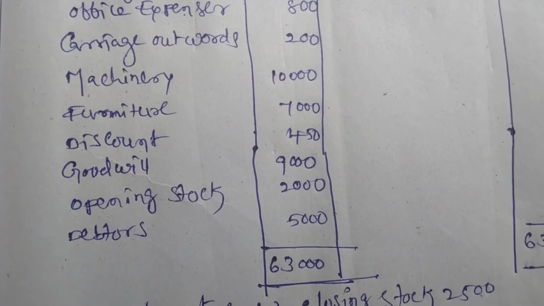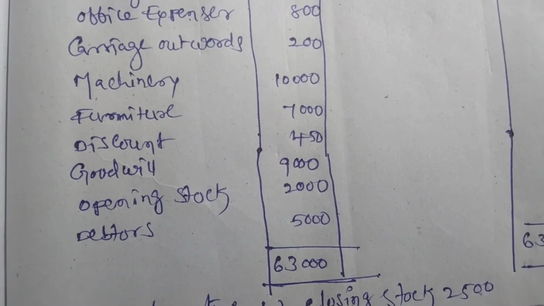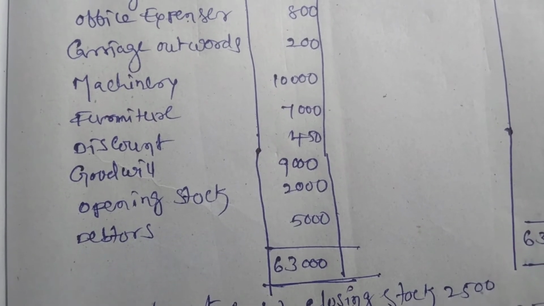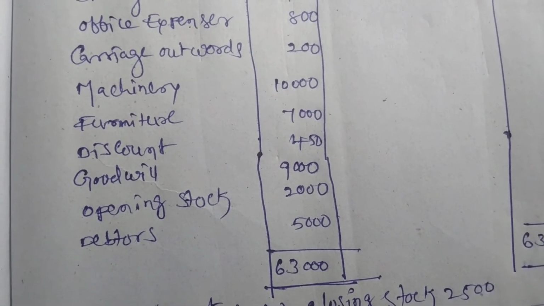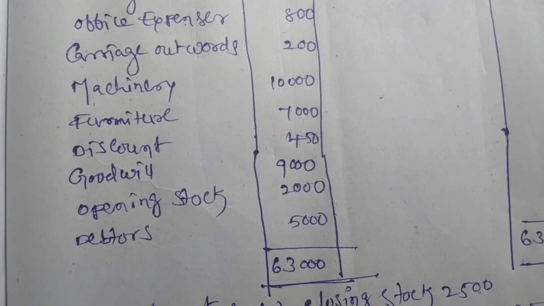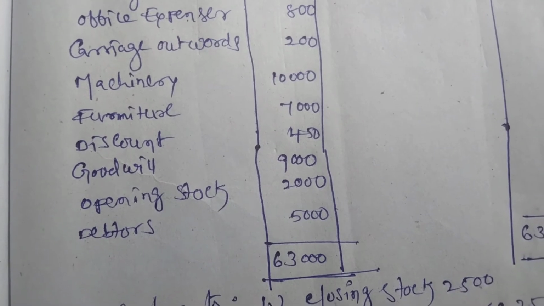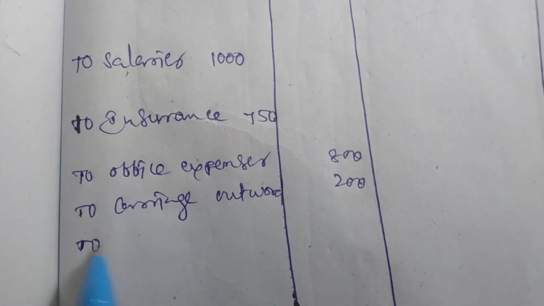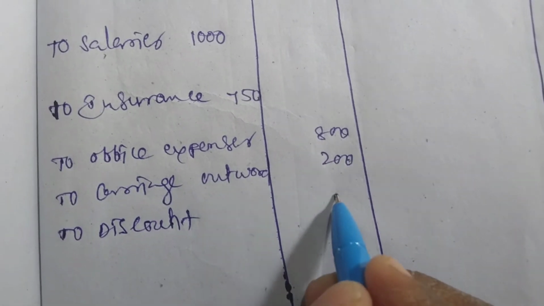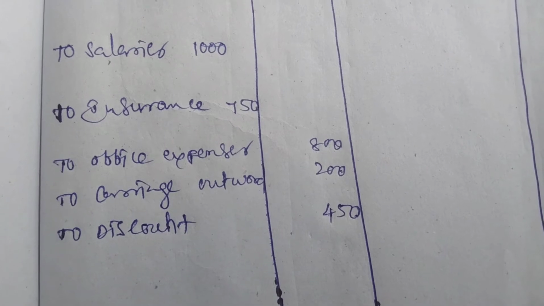So next one is discount. Discount is given on the debit side of the trial balance. This belongs to indirect expenditure, being a nominal account, so discount is recorded on the debit side of the profit and loss account, 450. "To discount" 450.